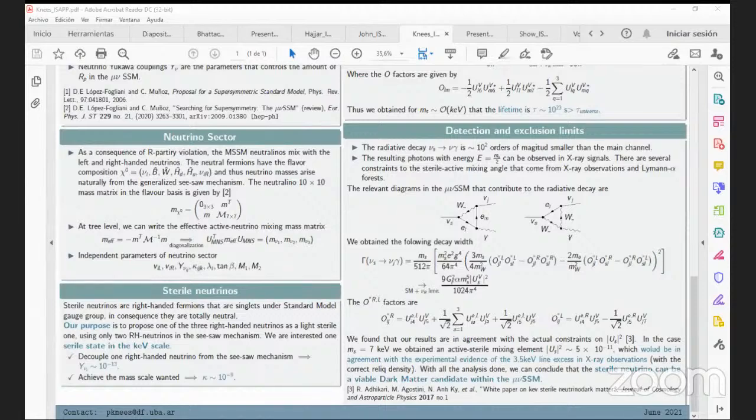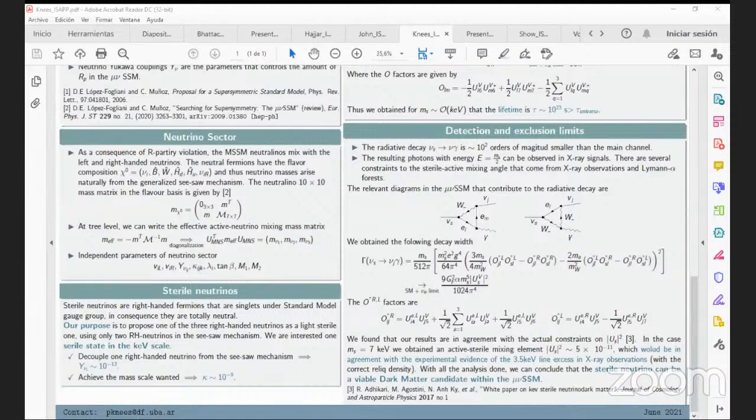And we can explain the masses of active neutrinos just diagonalizing this effective matrix with the usual unitary matrix of PMNS. So, we have these independent parameters in the neutrino sector: the VEVs, left, right, Yukawa couplings, kappa, lambda, beta, and Gaussian masses.